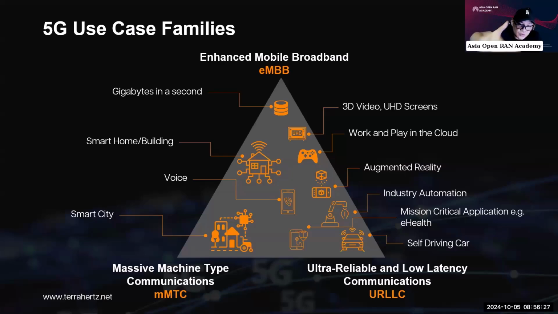and then going to ultra reliable and low latency communication, you will have industry automation, mission critical applications, like for example e-health and self-driving cars. Okay, so later on, pag-uusapan natin yan. And going to the left, sa massive machine type communications, you will have the smart city.